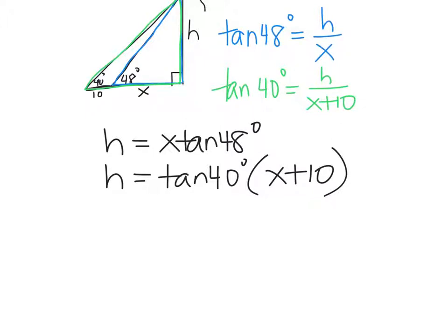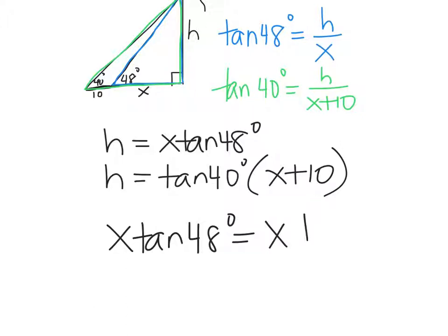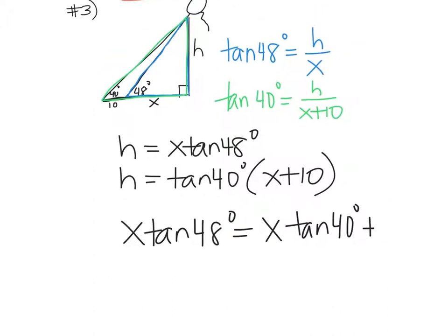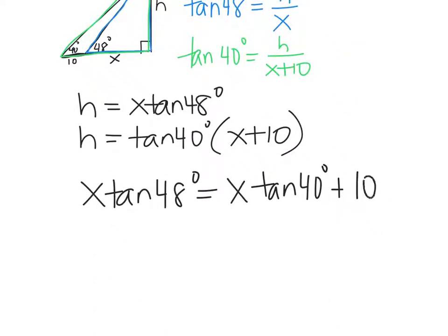So we have x tangent of 48 degrees equals, we can go ahead and distribute, x tan 40 plus 10 tan 40. There's other ways to solve this too. We could have divided both sides by tan 40 right away.